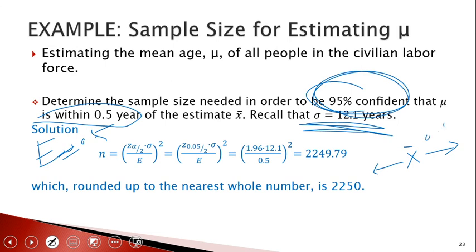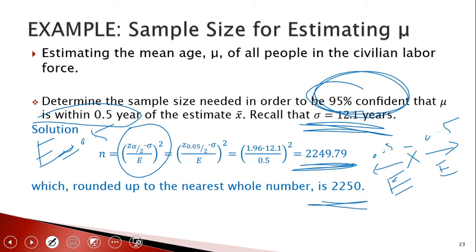So this is 0.5, this is 0.5. So this is E. It doesn't matter whether you consider the negative side or positive side, it is 0.5. So plug those values into this equation, do some calculations, you will get this. The real value is n equals 2249.79. Just round it up. See, 2250. Okay.